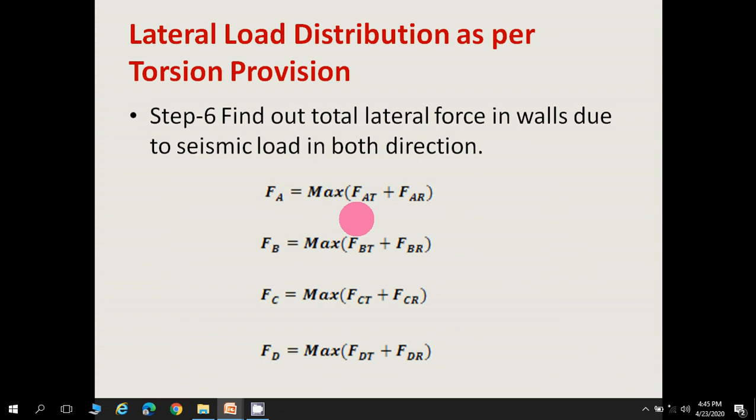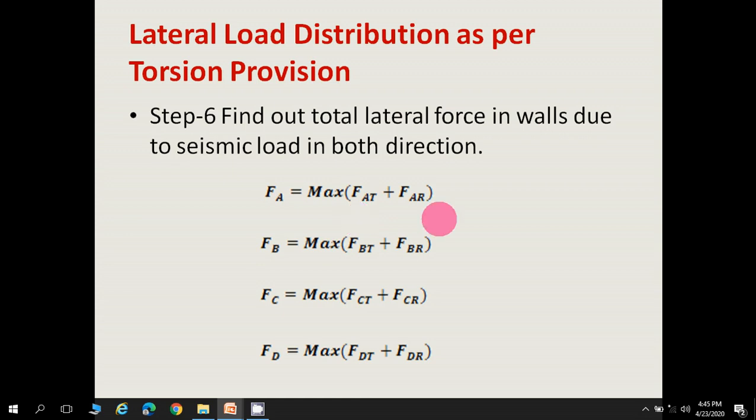Why am I taking the maximum here? Suppose the eccentricity in the x direction is 0, then the design eccentricity will have one positive value and one negative value. So design eccentricity will be plus minus something.